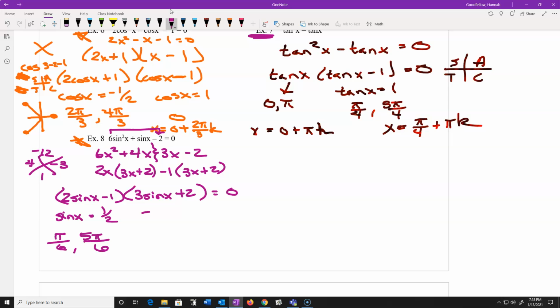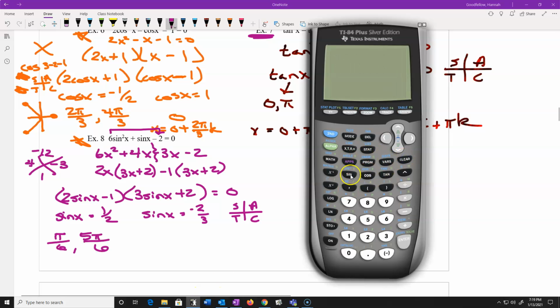This one makes sine x equal to negative 2/3, and that is not unit circle. What we're going to be relying on here is ASTC to tell us where the inverse is really going to see this question. The inverse sine that you're going to get out of this is going to see the negative in the fourth quadrant, since sine exists in the first and the fourth.